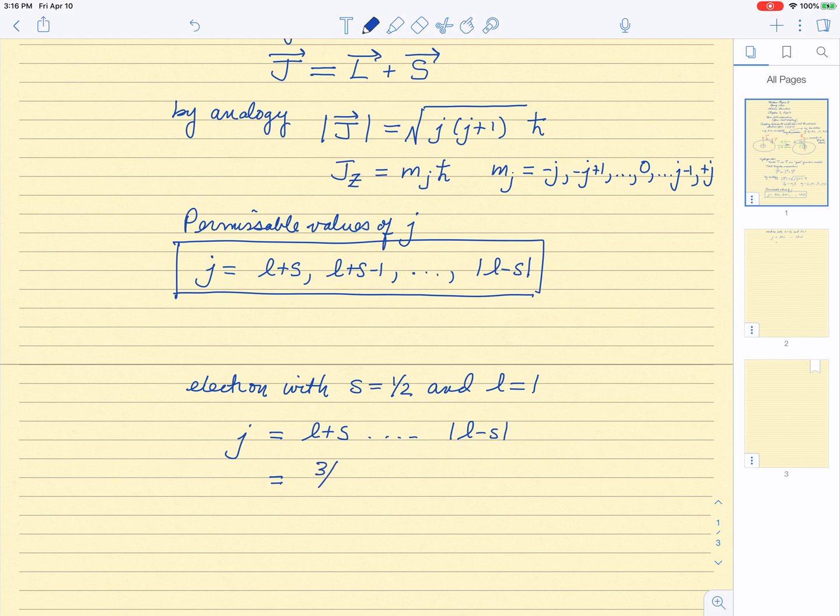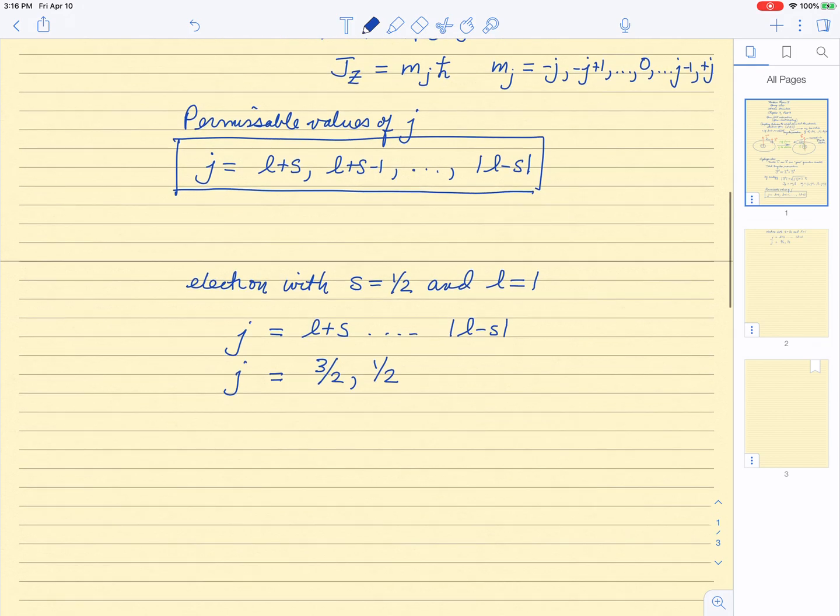So this is going to be 3/2 and 1/2. Those are the permissible values of J for L equals 1 and S equals 1/2.